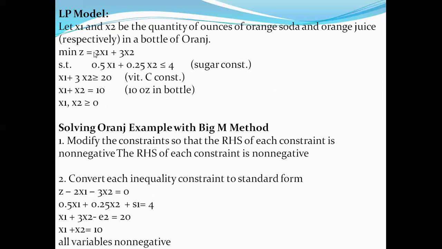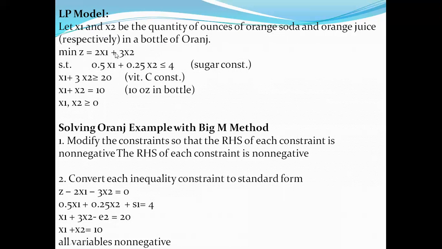So initially, it is crystal clear that considering orange soda, the composition of the entire orange bottle consists of 2 compositions, that is orange soda plus orange juice. So these 2 are the major composition of the orange bottle for each and every bottle. Considering x1 is equal to orange soda and x2 is equal to orange juice, and calculating for an ounce of bottle at a minimum price, that is z is equal to 2x1 plus 3x2.